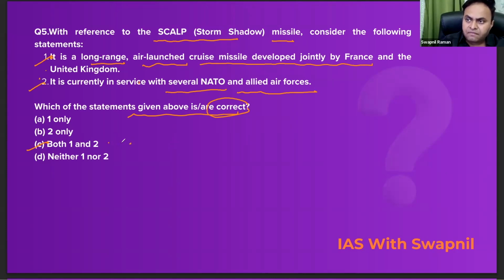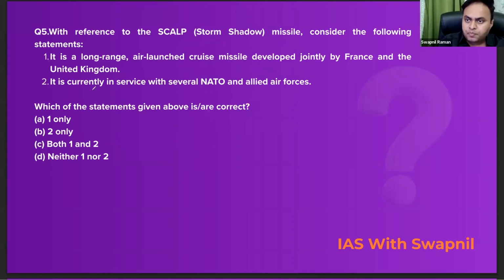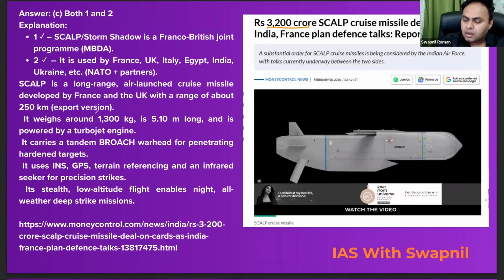Recently, Indian Air Force used a Scalp missile against Pakistan in Operation Sindoor, right? So यहाँ पे एक मेजर डील जो है वो साइन हो सकती है. Look at the explanation part. So 3,200 crore rupees Scalp cruise missile deal on cards as India and France plan defense talks, right?